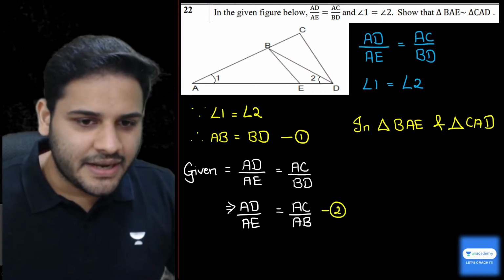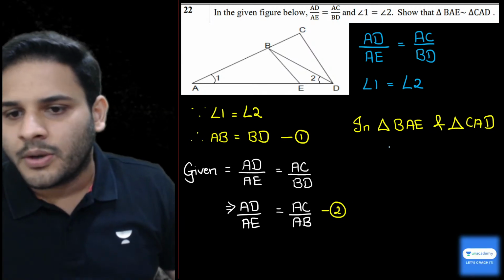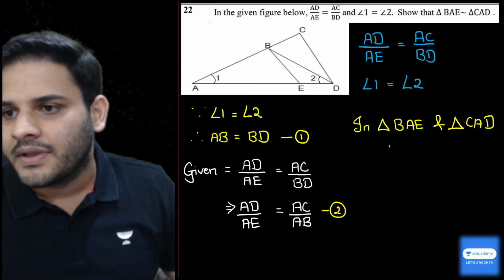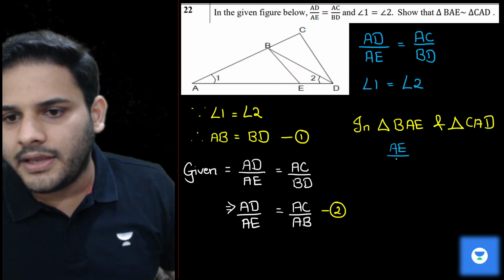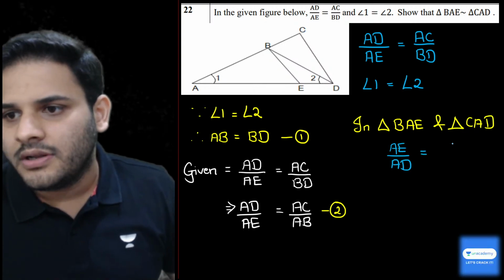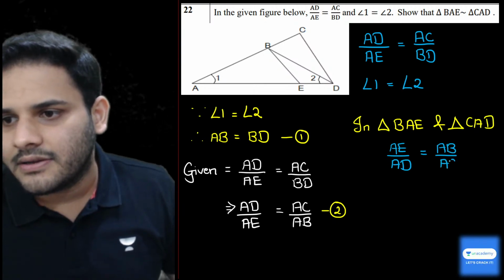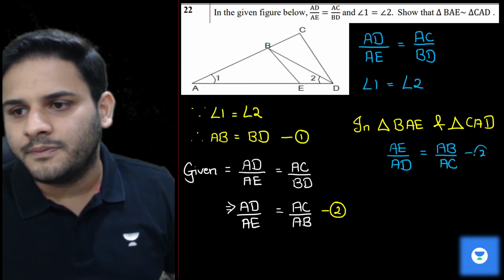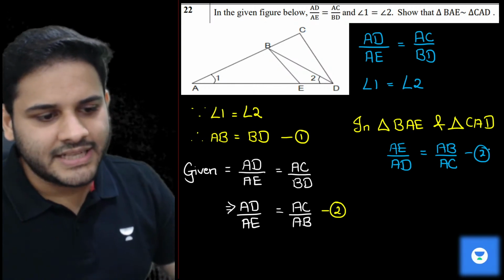So by equation number 2, I can copy it here: AE upon AD, the reciprocal, equals AB upon AC. That's my equation 2.